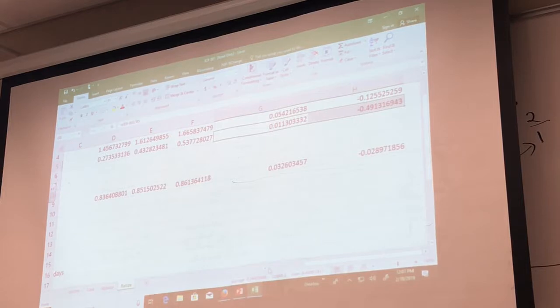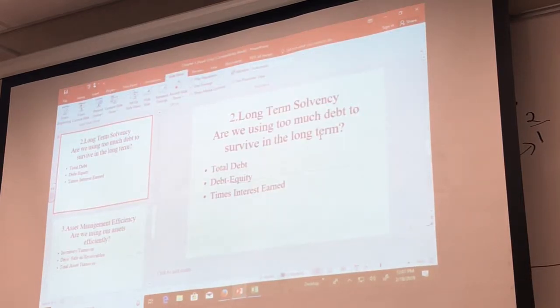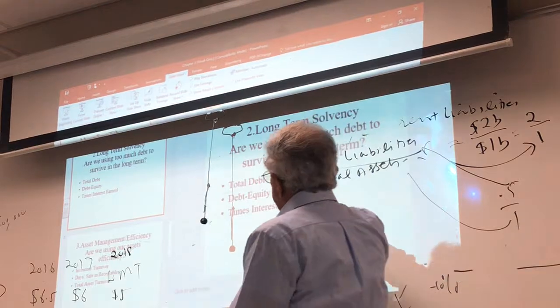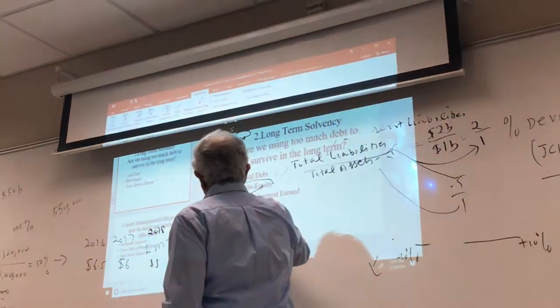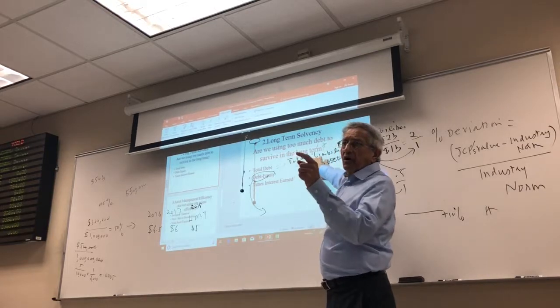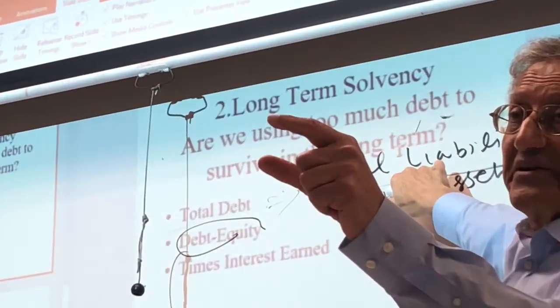Okay, one more ratio and then we'll stop. Debt equity. Now the debt equity ratio, we focus on total liabilities, if you recall, is current, which is short term, and long term debt.